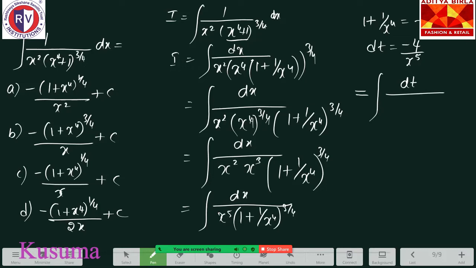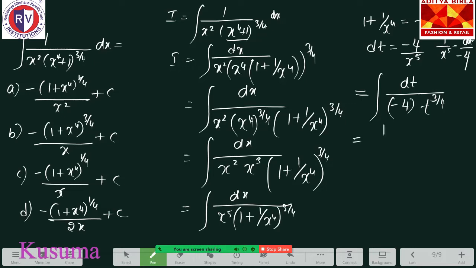Divided by, we have t to the power of 3 by 4, but 1 by x to the power of 5 becomes dt by minus 4. ಸೊ ನಮ್ಗೆ ಡಿನಾಮಿನೇಟರ್ ಅಲ್ಲಿ ಒಂದು -4 ಇದೆ. ಅರ್ಥ ಆಗ್ತಿದ್ಯಾ? 1 by x to the power of 5 ನ ನಾವು dt by -4 ಇಂದ ರೀಪ್ಲೇಸ್ ಮಾಡ್ತಾ ಇದೀವಿ.